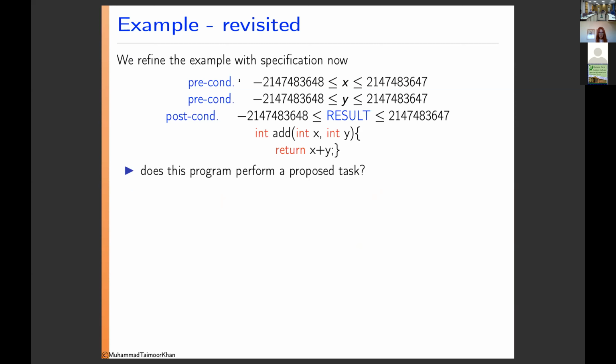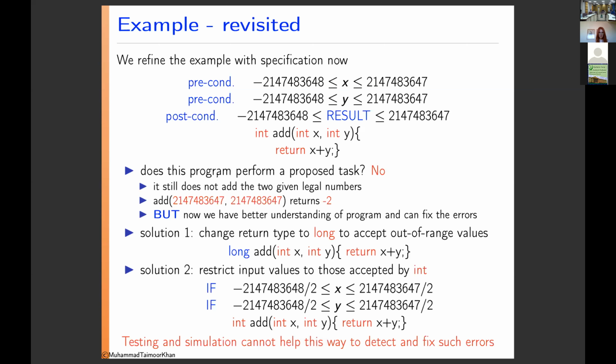With this additional knowledge, we can ask the same question again: does this program perform the task I asked of it, to add any two integers? Now the answer is of course no, because it can still add two numbers with an incorrect result. But now I know the problem and I can go further to fix these errors and make the program really correct.